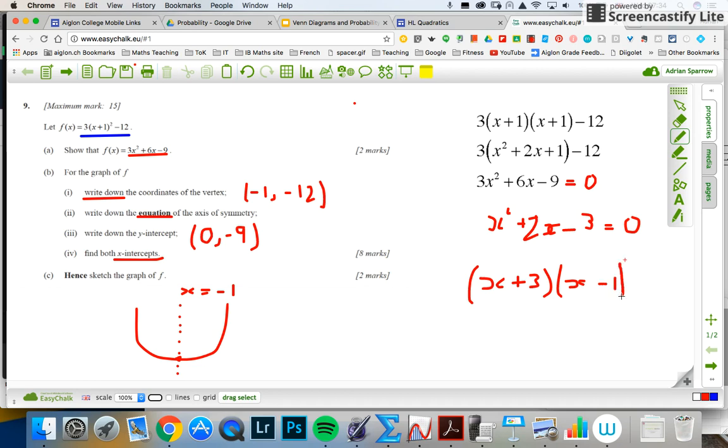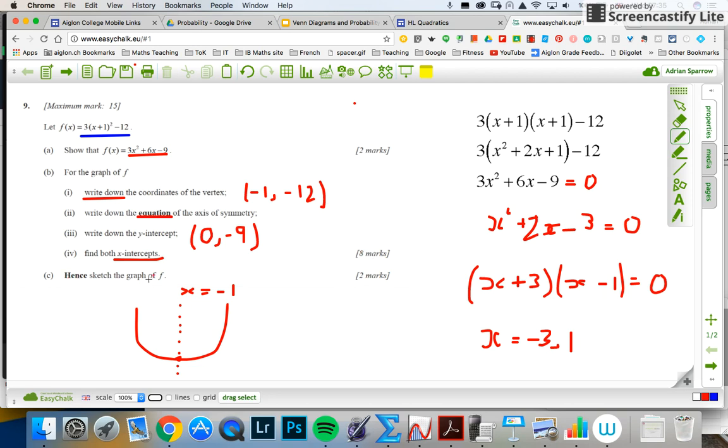Okay, because that equals 0. So my x numbers are minus 3 and 1. So x actually equals minus 3 and 1. So that's probably worth 3 or 4 of those marks.